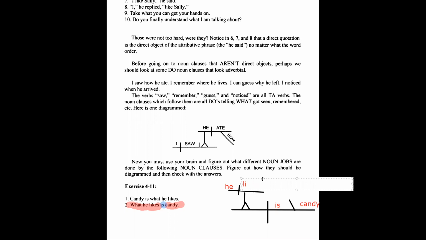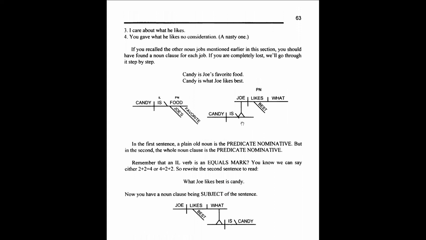Let's put it a bit larger because I drew it too small. And what? He likes what? So what is a direct object? Just like that. The noun clause is the subject. Any noun job, you can put a noun clause. That's the principle. Any noun job, you can put a noun clause.